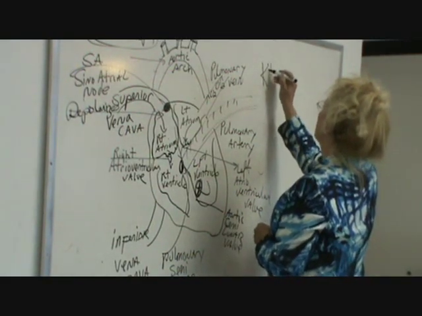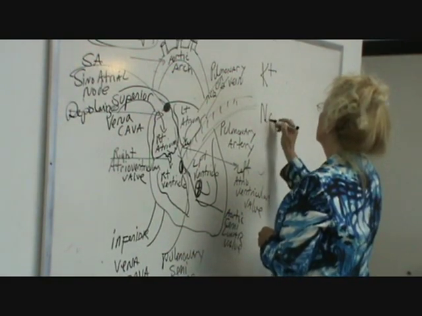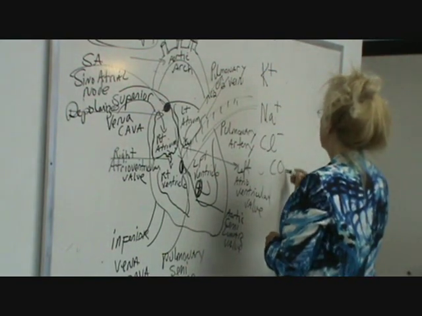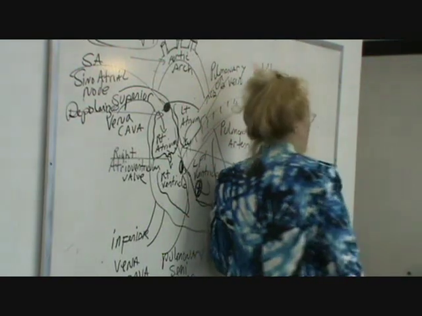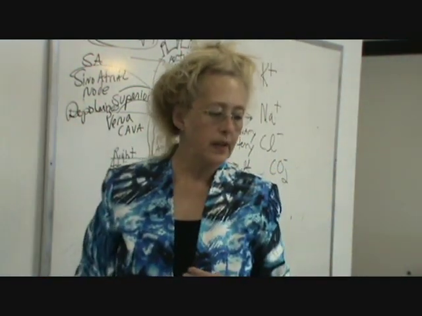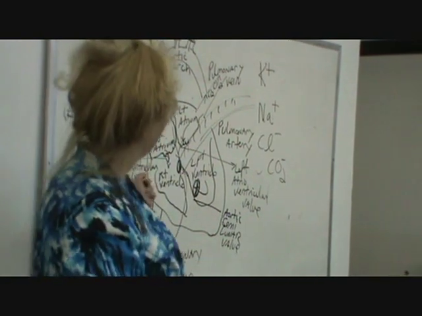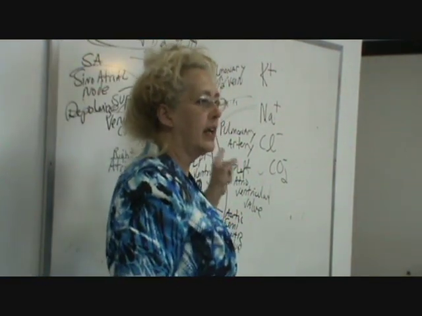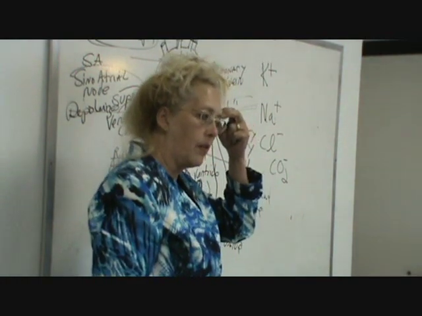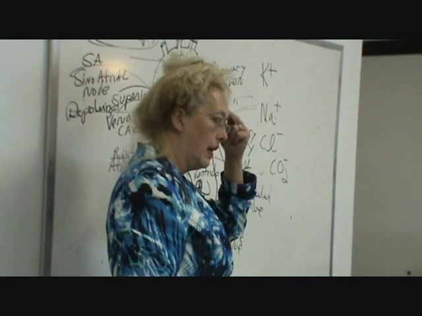Your electrolytes are potassium, sodium, chloride, and CO2. Those are the four major electrolytes that are important in your body, and they play a huge role in cardiac response and how the heart actually works.